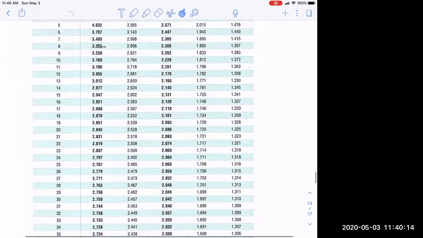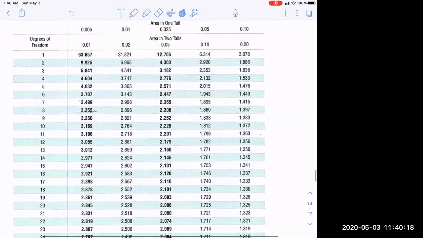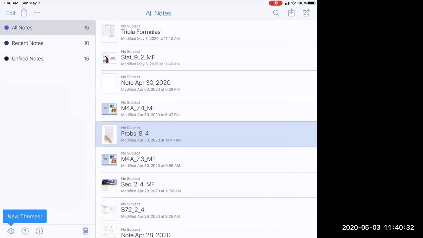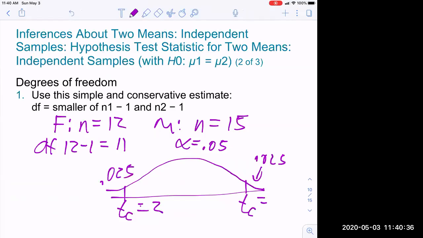Here, I think. There we go. We have the area in one tail or two tails, same column, middle column. Degrees of freedom is 11. T is 2.201. That's the negative one. And there's the positive one.